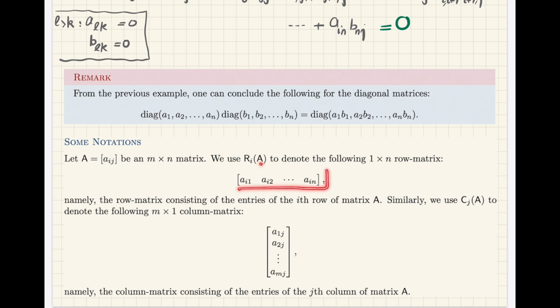This would be this 1 by n matrix. And for this, if you see this symbol, it means that we are interested in the jth column of matrix A. Okay, so these are some pieces of notation that would be helpful. Any questions?